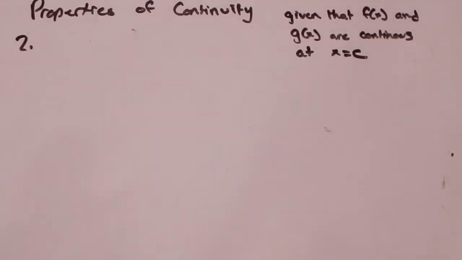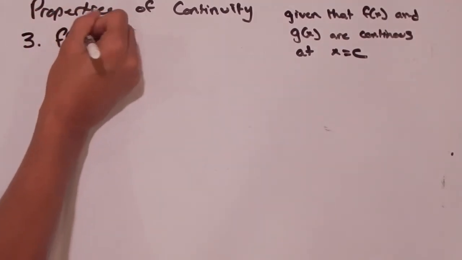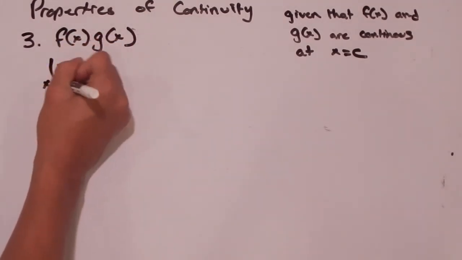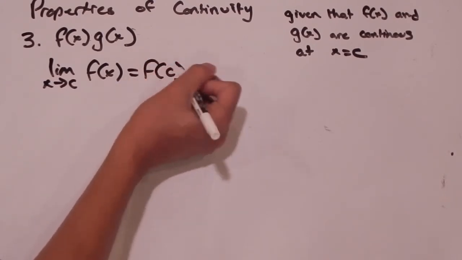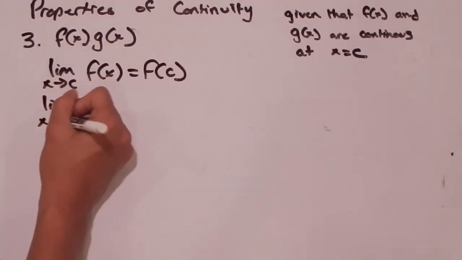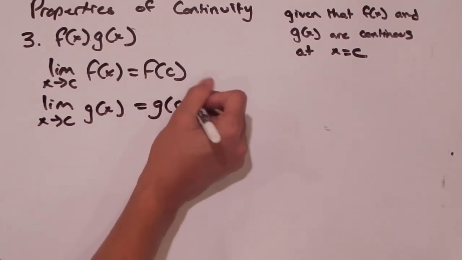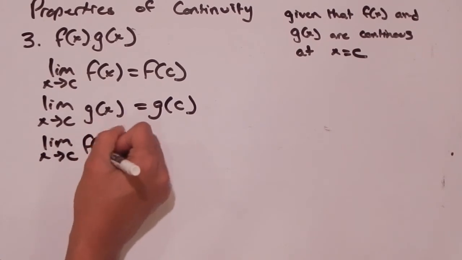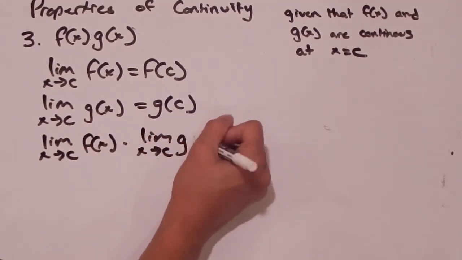Let's move on to our third property, which is going to be our product property, f of x times g of x. So again, based on continuity, we know that the limit as x approaches c of f of x is equal to f of c, and that the limit as x approaches c of g of x is equal to g of c. Well, let's just multiply these two together, the limit as x approaches c of f of x times the limit as x approaches c of g of x.